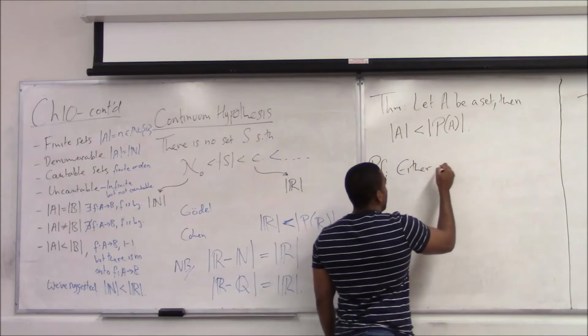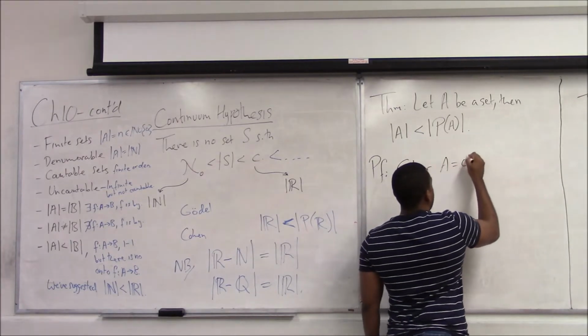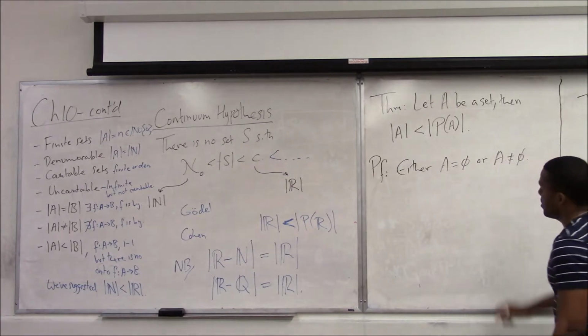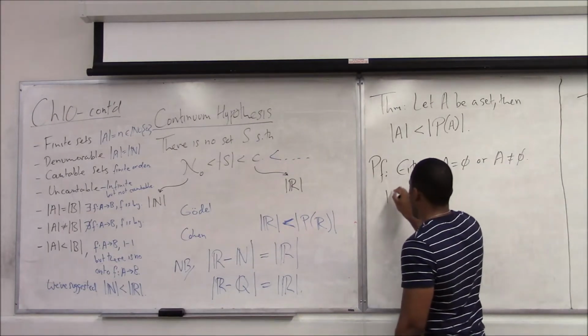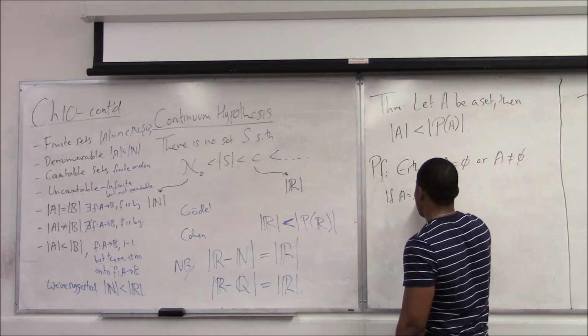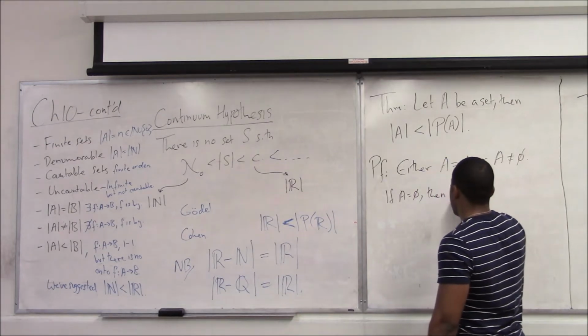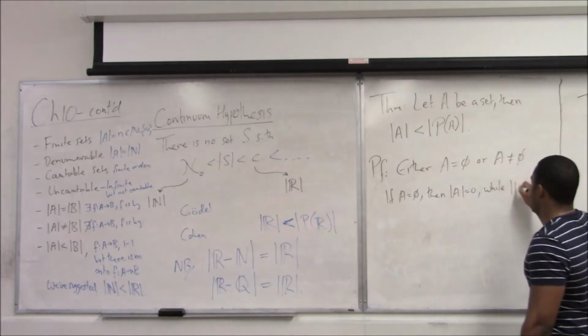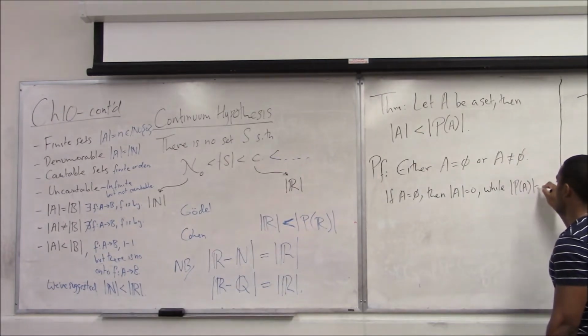So let's deal with the throwaway case. Either A is the empty set or A is not empty. In the case of the empty set, we know the answer, right? If A is the empty set, then the size of A is 0, while the size of the power set of A will be 1.